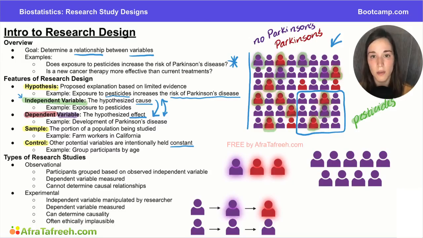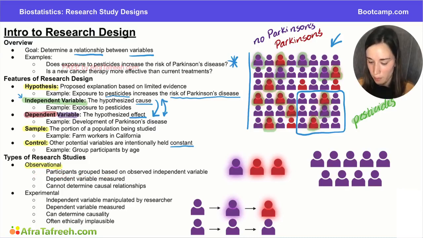Now let's discuss the two major categories of research studies. The first is observational studies, which are really common in healthcare. In observational studies, researchers take their sample of people and simply observe what is happening. So one way to do this is to characterize patients based on the independent variable.